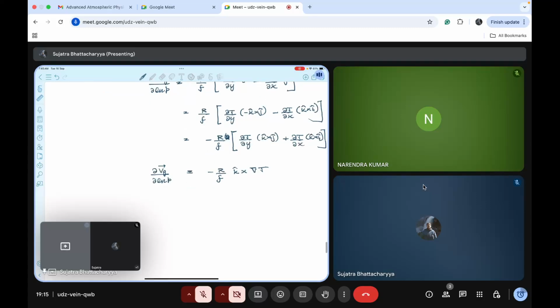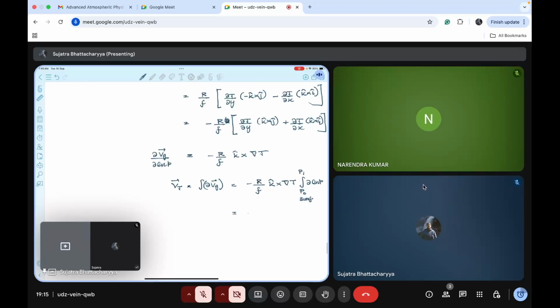Now this chain therefore will be so the thermal wind, delta Vg, which is equal to minus R by f k cross grad T, and integration delta log P from some P naught to P1. P naught is the surface and P1 is some height. So the thermal wind becomes minus R by f k cross grad T.